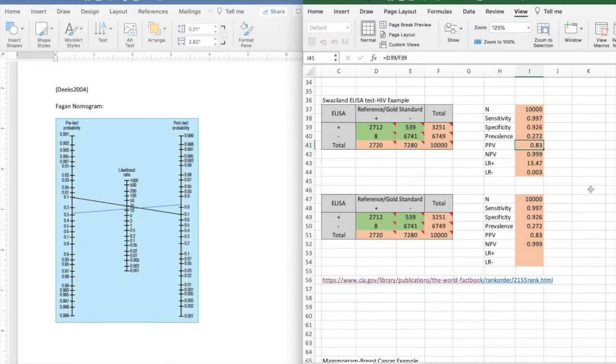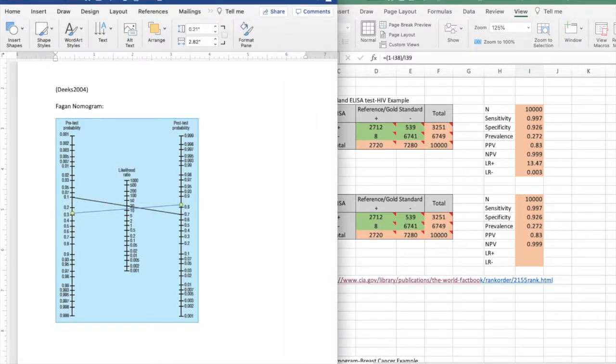Well, there you go. So let's do the same thing with the negative likelihood ratio. We have a negative likelihood ratio of 0.003, which is super duper small. Our pretest probability is the same. So here is our pretest probability, 0.272. I'm going to do another line.